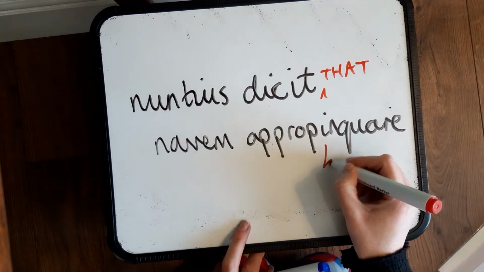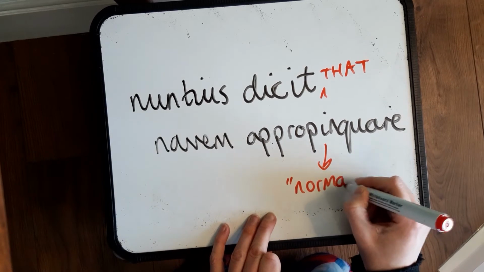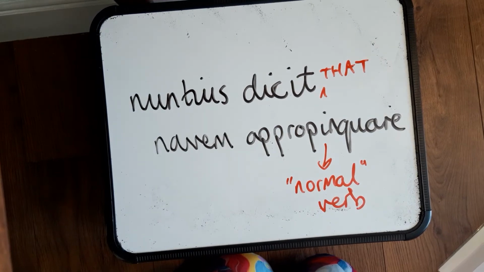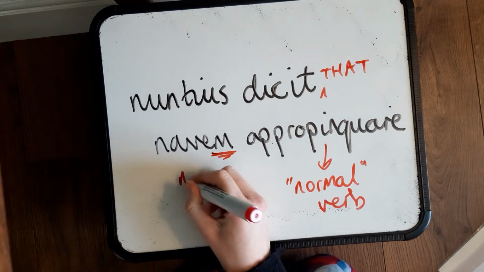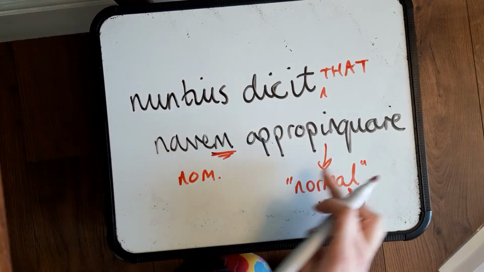And we've also translated this infinitive like a normal verb rather than as an infinitive, also so that it makes sense. The final little rule break is that this accusative, even though it's accusative, we've translated as if it's nominative.